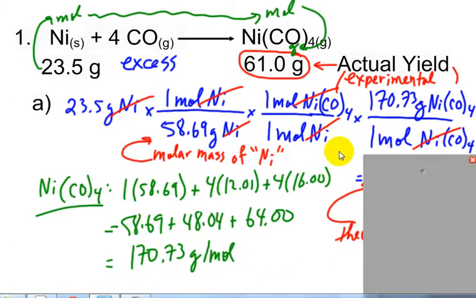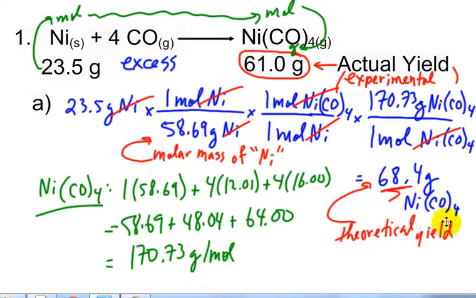So the last step there, multiplied by the molar mass, and we get, when all is said and done, 68.4 grams of nickel carbonyl by using the equation and the original amount of reactant. That's our theoretical yield. But experimentally, our actual yield is 61.0 grams.